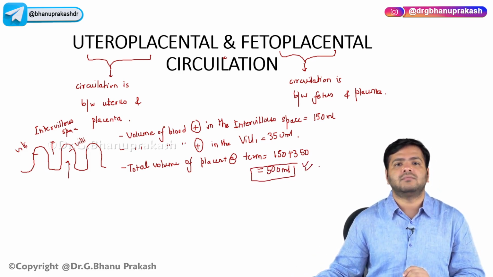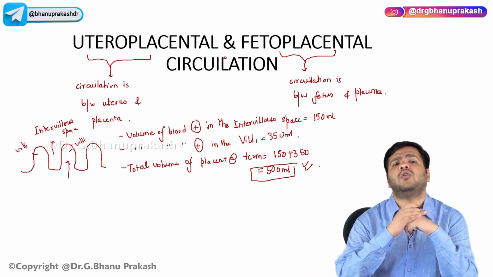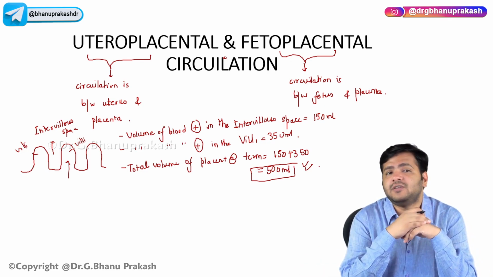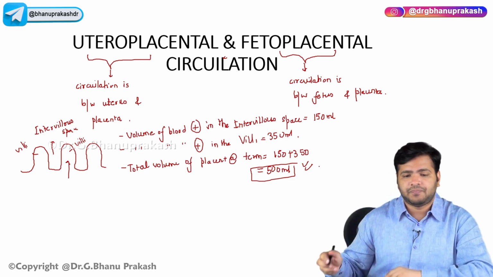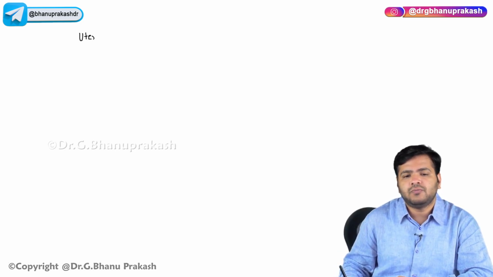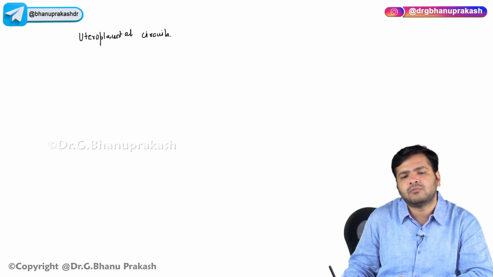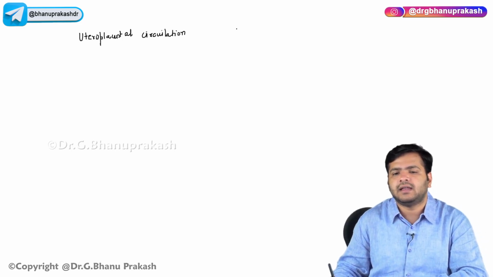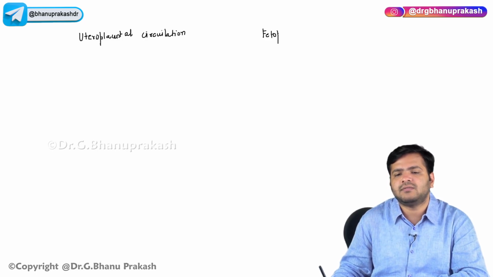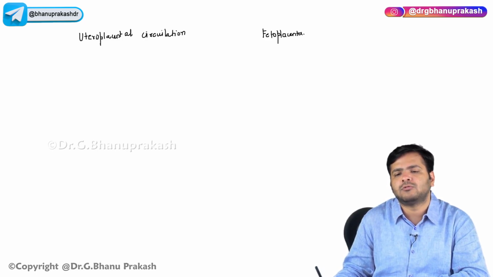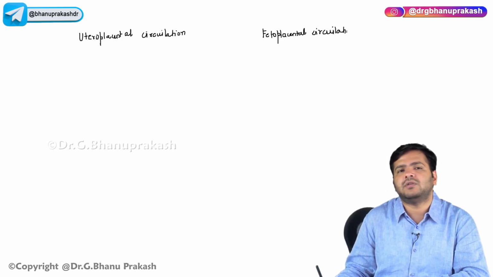Now you already know we have uteroplacental and fetoplacental circulation. Let us just try to tabulate it: the uteroplacental circulation and the fetoplacental circulation.